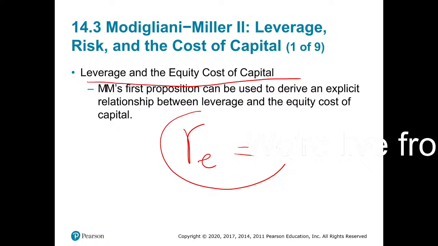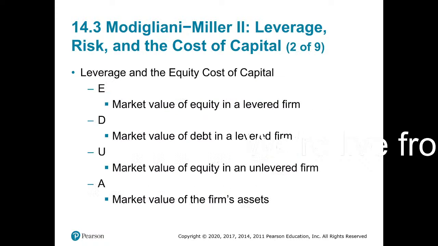We can basically calculate this. And we have these terms: equity, debt, unlevered, market value. A is the market value of assets. So E, D, U, A. These are just abbreviations.